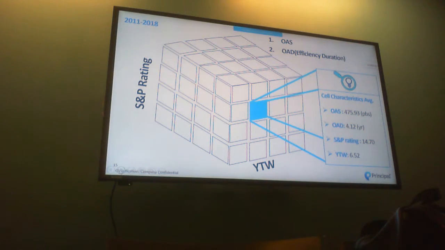It's still a little bit unclear to me, because on the previous slide you're talking about the way you selected bonds based on these different categories, and then in this slide you're telling me the cell characteristics average. I'm not sure why.